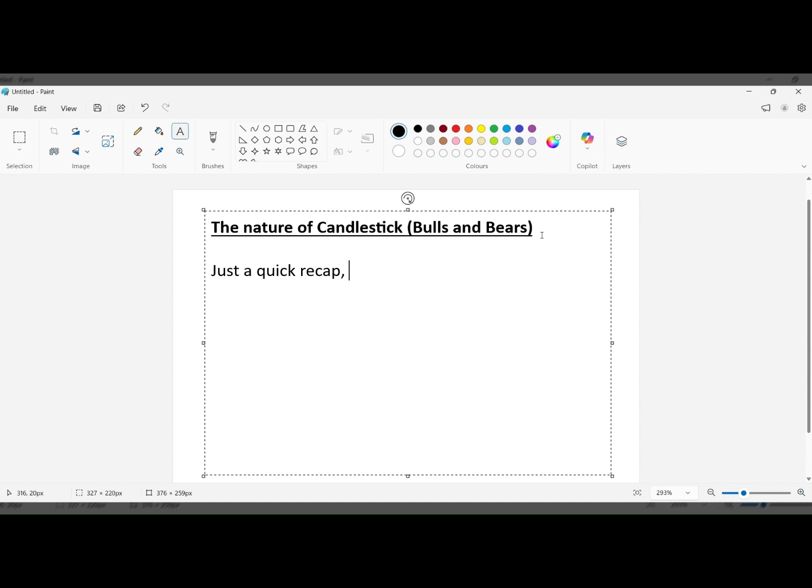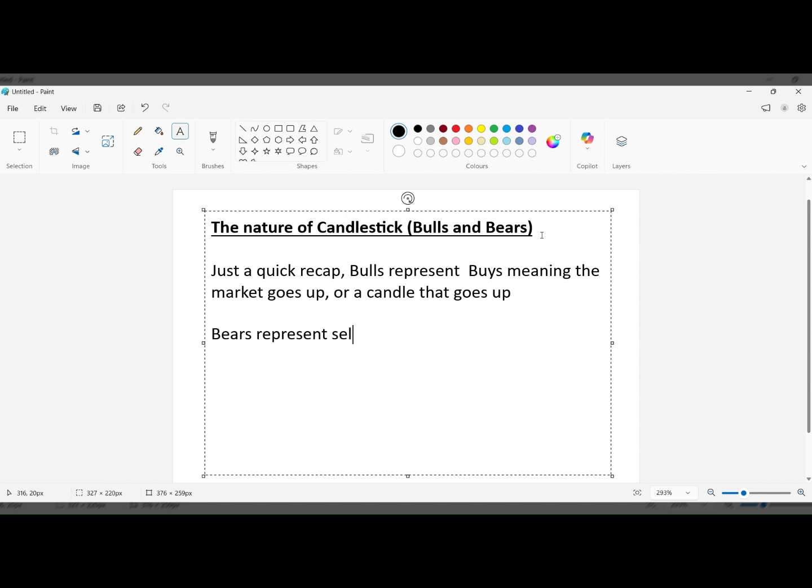Bulls represent buys, meaning the market is going up, or a candle that goes up, and bears represent sells, meaning the market is going down, or candlesticks that go down. That's how we identify the difference between bulls and bears. There will also be a color combination, obviously, so we will get into it a little bit later.